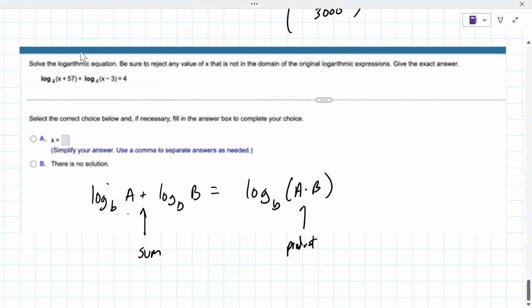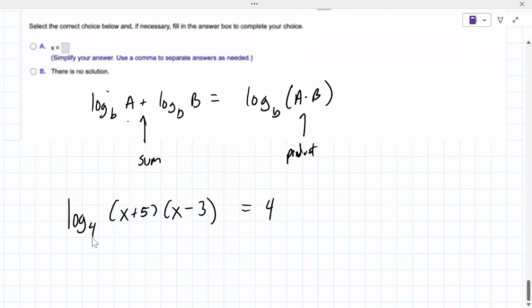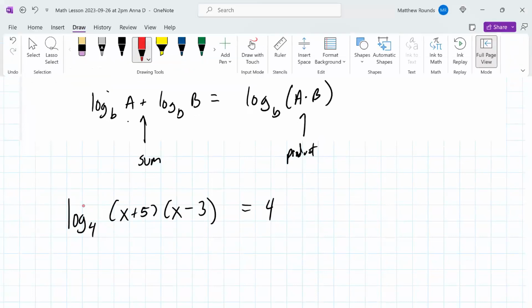So that means we're going to take this x plus 57 and this x minus 3, and we're going to multiply them together. So we will FOIL them at some point, but we don't have to right now. To undo log base 4, you use 4 as a base.